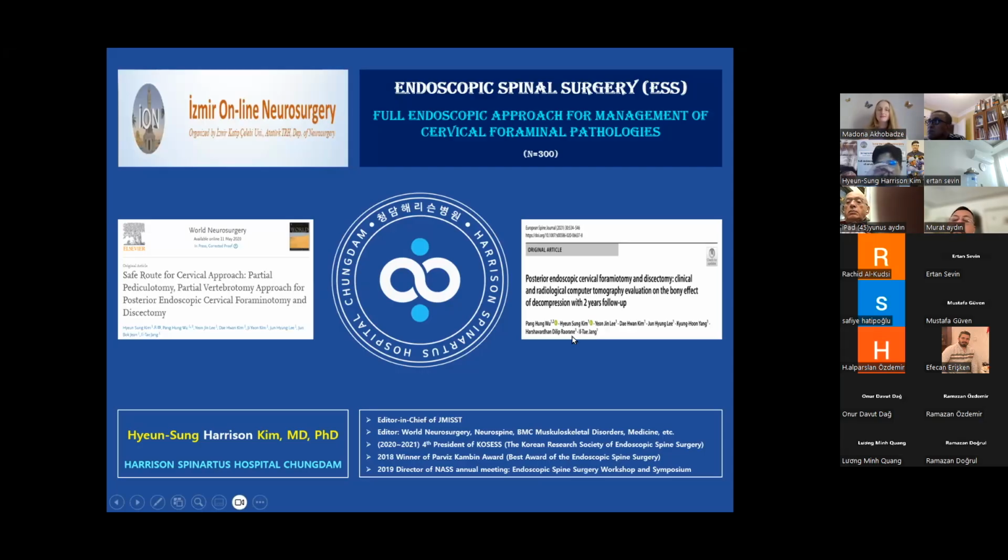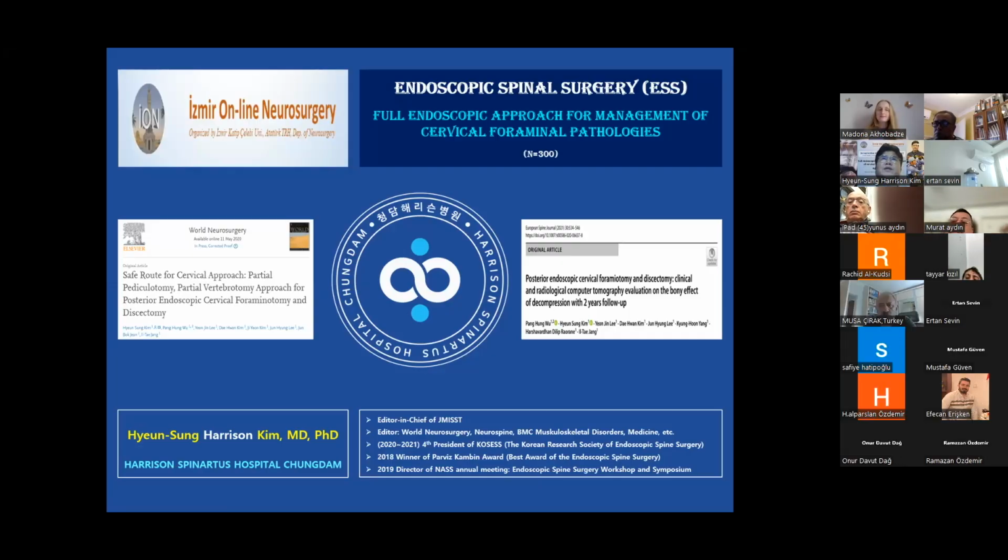This is very important. One paper is the rationale of the posterior endoscopic cervical foraminotomy and its long-term clinical result, and the other is a new technique for performing cervical posterior foraminotomy safely.